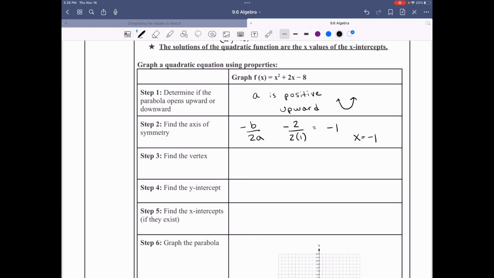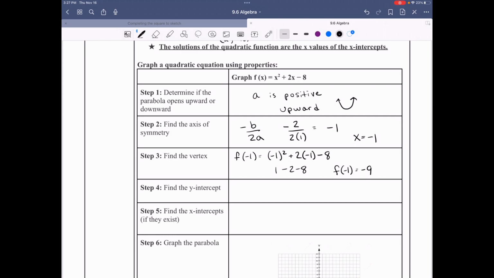Then we plug that in to figure out the vertex. So f at negative 1 is equal to negative 1 squared plus 2 times negative 1 minus 8. That's going to be 1 minus 2 minus 8, which is negative 9.